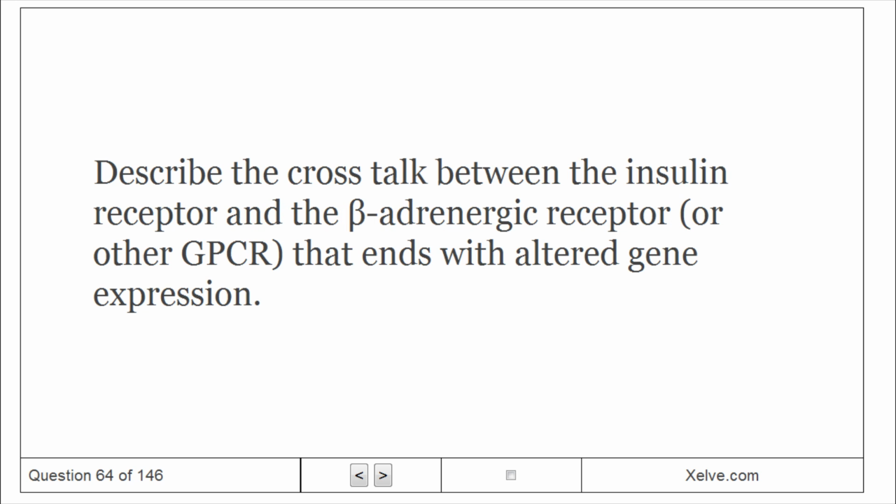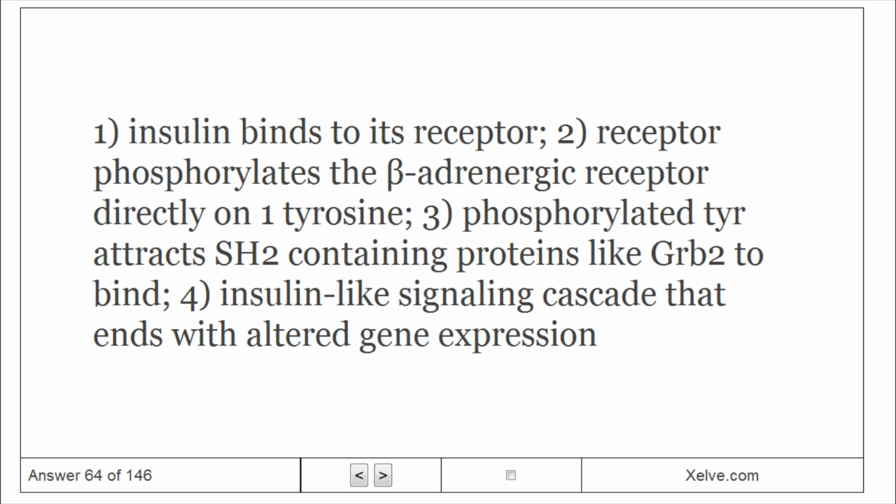Describe the crosstalk between the insulin receptor and the beta-adrenergic receptor, or other GPCR, that ends with altered gene expression. One, insulin binds to its receptor. Two, the receptor phosphorylates the beta-adrenergic receptor directly on tyrosine. Three, phosphorylated tyrosine attracts SH2-containing proteins like GRB2 to bind.